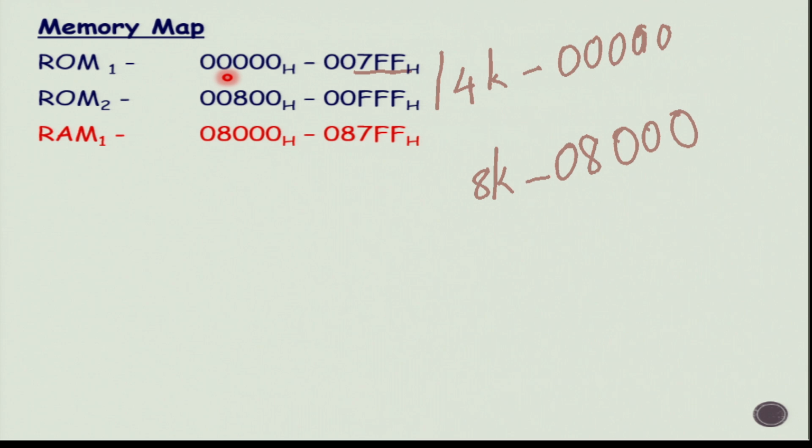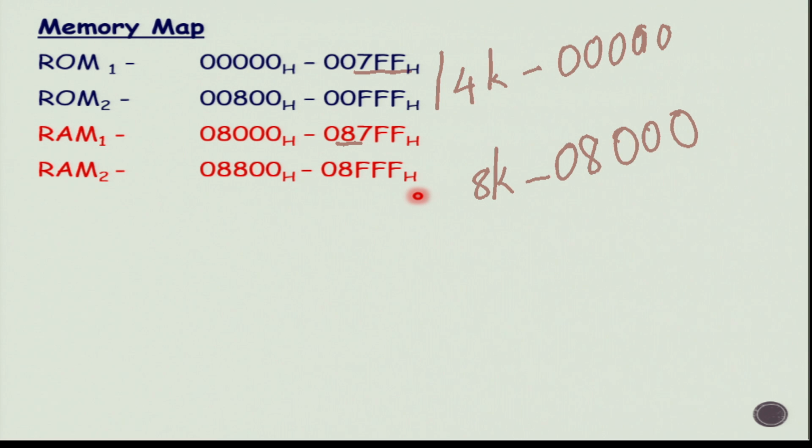The first chip, of course, must start from the address that has been given, which is 0800. So you give the first 2K block. So 2K means if you start at address 0800, the last address would be 087FF. So if the first RAM finishes at 087FF, the next RAM must start at address 08800, and goes up to the 2K addresses which is 08FFF.